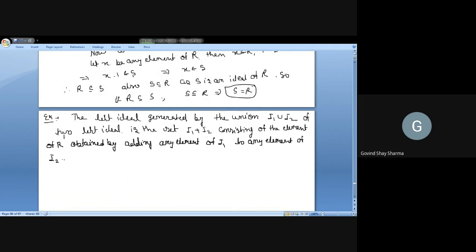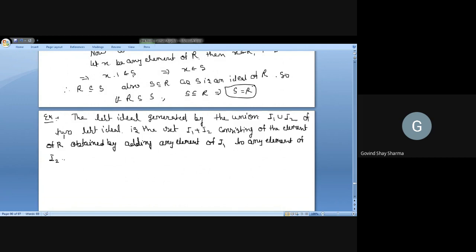The left ideal generated by the union I1 union I2 of two left ideals is the set I1 plus I2, consisting of the elements of R obtained by adding an element of I1 to an element of I2. That means the left ideal generated by the union of I1 and I2 has elements of the form I1 plus I2. Clear?